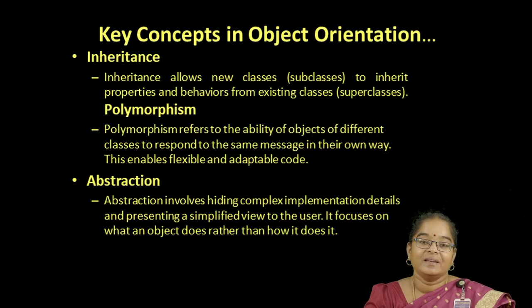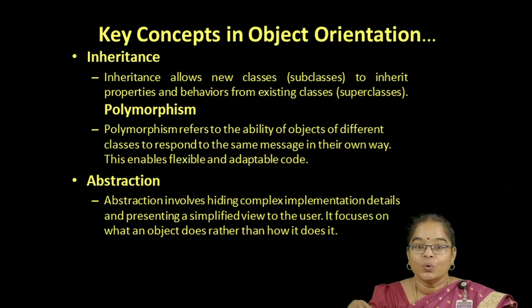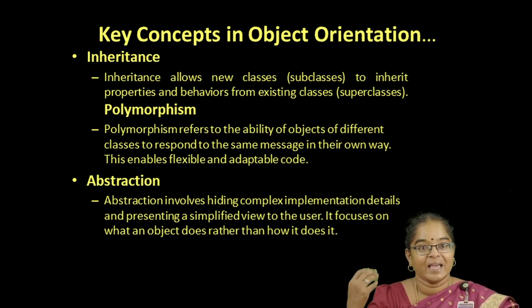Next one is inheritance. Inheritance is nothing but allowing a new class to acquire the properties and characteristics of an existing class. For example, in a library management system, user is an object. The object may be a staff, student, non-teaching staff or an outsider.